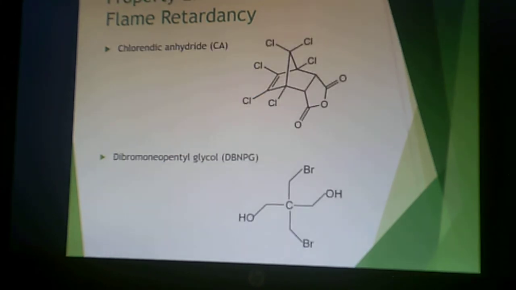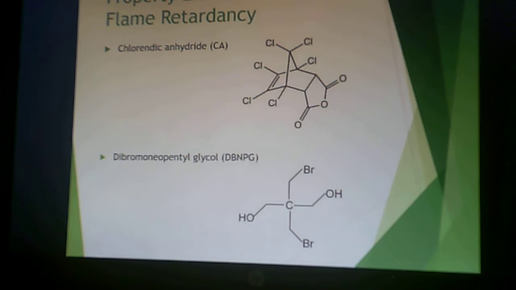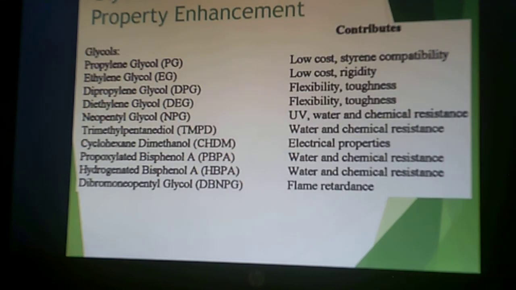Here's chlorendic anhydride that can also be used to enhance flame retardancy, and dibromoneopentyl glycol, again, it has halogens on it, and that enhances the flame retardancy. So this one gives you dicarboxylic acid once you open up the anhydride rings, and this can be used as a diol in place of other diols to enhance flame retardancy.